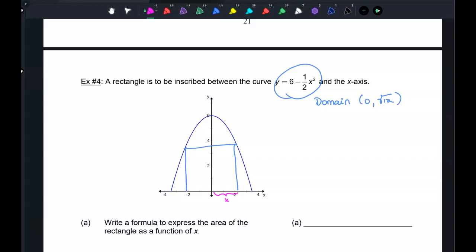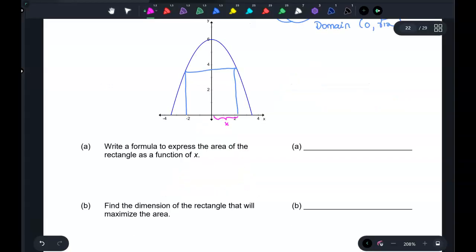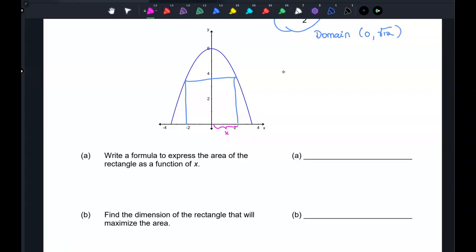Take any graph and say, what is that? That's the ordered pair x comma 0. If I made a rectangle and it was symmetric, then the base of that rectangle would be 2 times that value of x. Does that make sense?